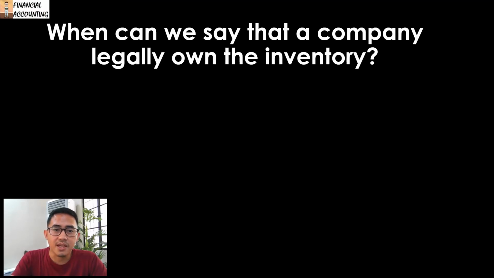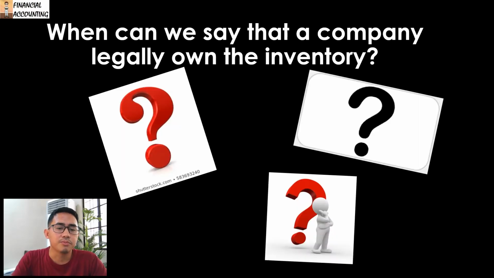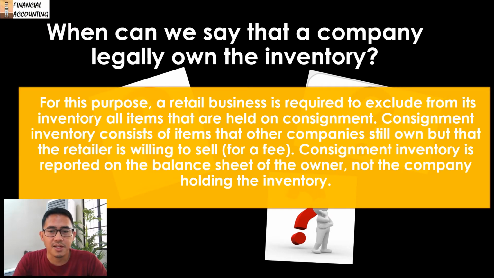So when can we say that a company legally owns the inventory? Okay, because the inclusion of inventory in the balance sheet depends on the legal ownership. There are times wherein you hold the inventory but you don't own it. For this purpose, a retail business is required to exclude from its inventory all items that are held on consignment.